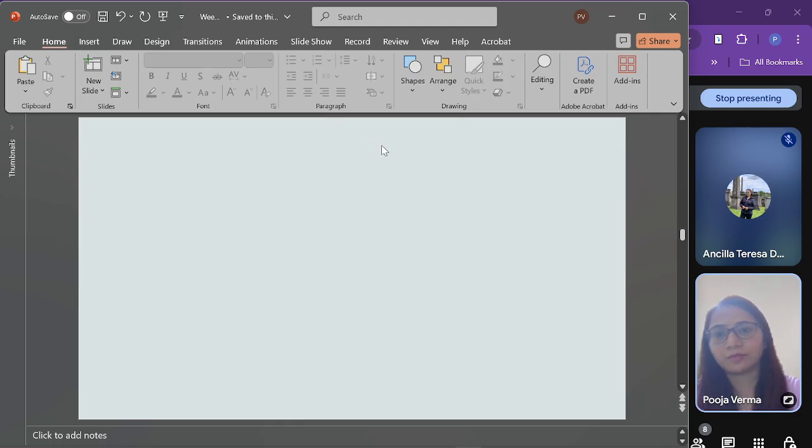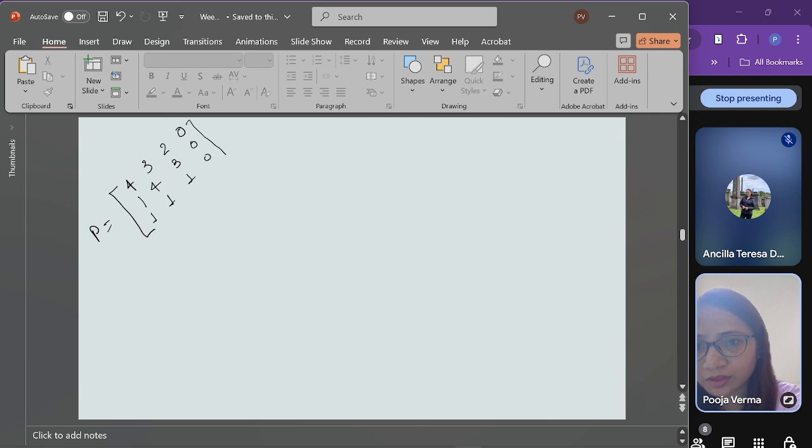Simple. The P matrix is given. Just let me write the P matrix: 4, 3, 2, 0, 1, 4, 3, 0, 1, 1, 1, 0. Now we have to arrange this in such a way that PC is equal to 0.